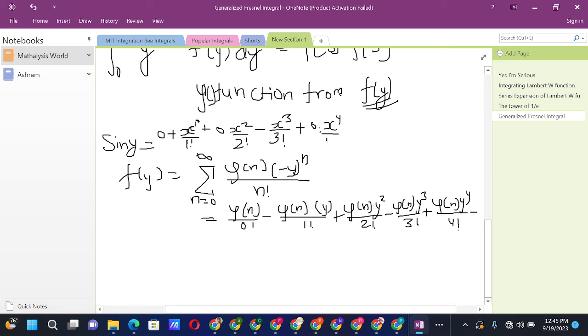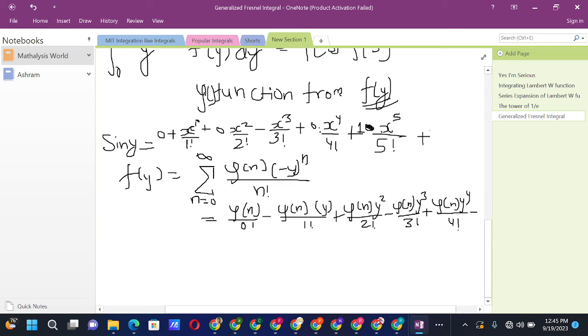And then plus 0 times x to the power 5 by 5 factorial, but then it's not 0 over here, it's 1 over here. So sin of x is x minus x cubed by 3 factorial plus x to the power 5 by 5 factorial.